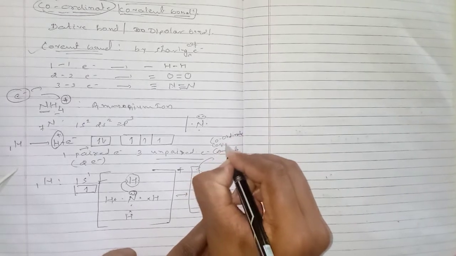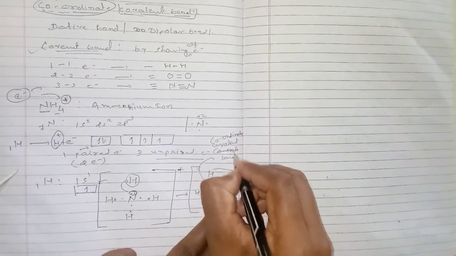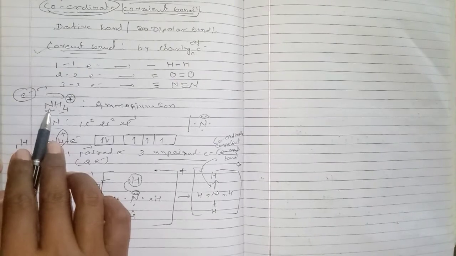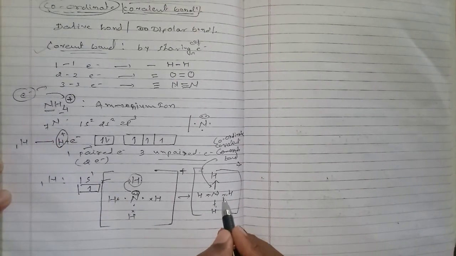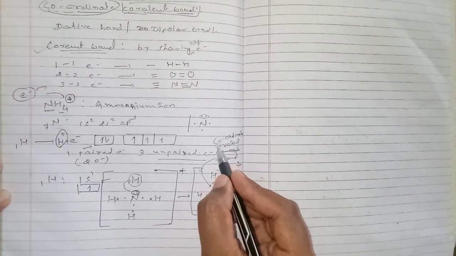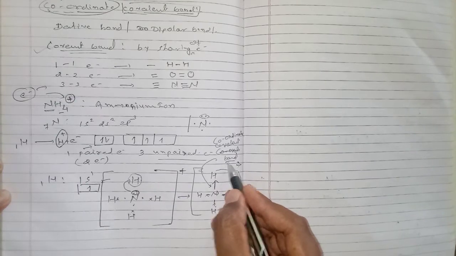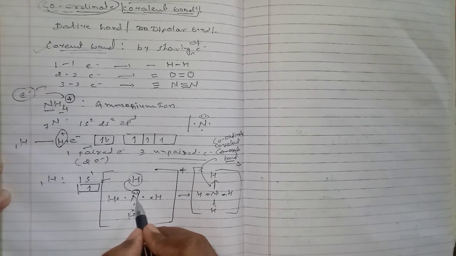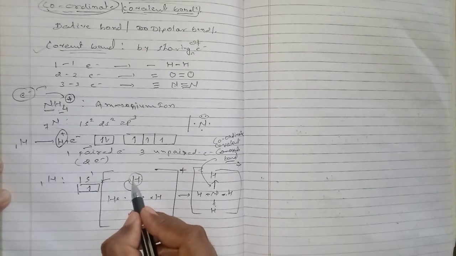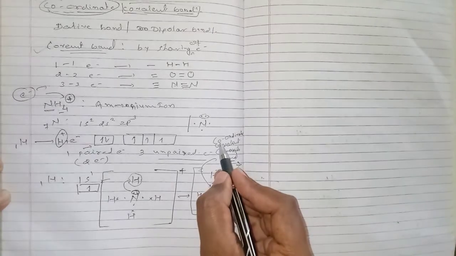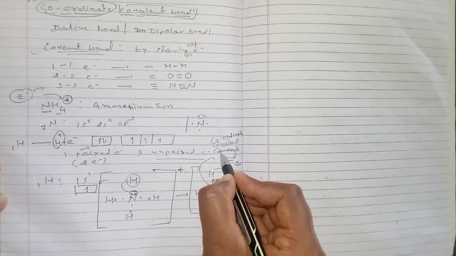So in the ammonium ion there are three covalent bonds and one coordinate covalent bond, because the nitrogen atom has one paired electron which is donated to the hydrogen atom, and this bond is called a coordinate covalent bond.